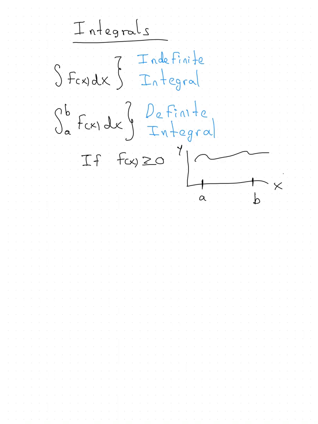Remember that the integral represents the area under the curve. This area is given by the integral from a up to b of f of x dx. So it's one interpretation for a definite integral.